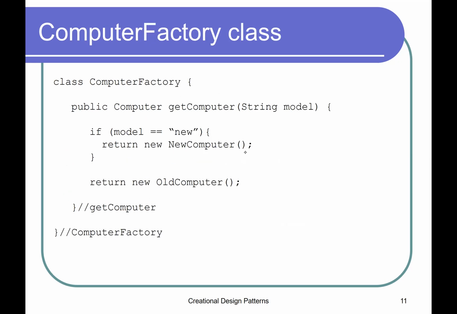Now the factory that's in the middle. All it does is receive from the client: just tell me the name. You want new or you want old? If you tell me new, I'm going to return a new computer. Otherwise, I'm going to return an object of type old computer. Very, very simple.